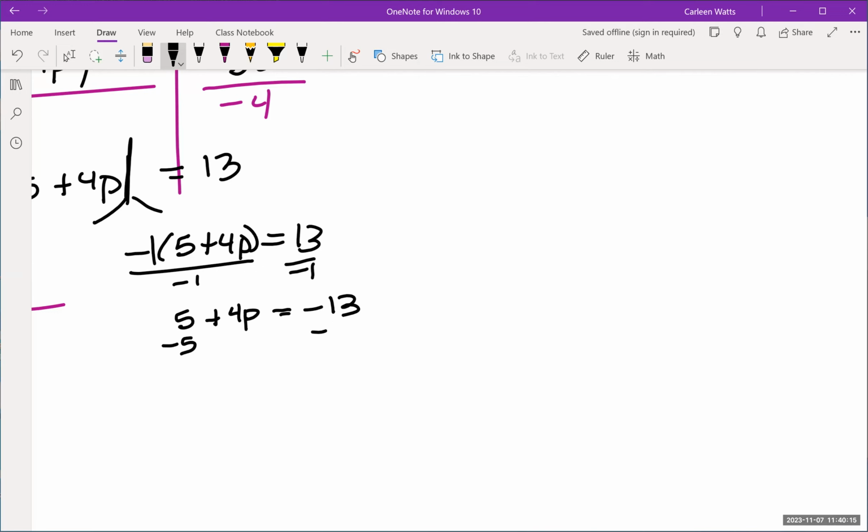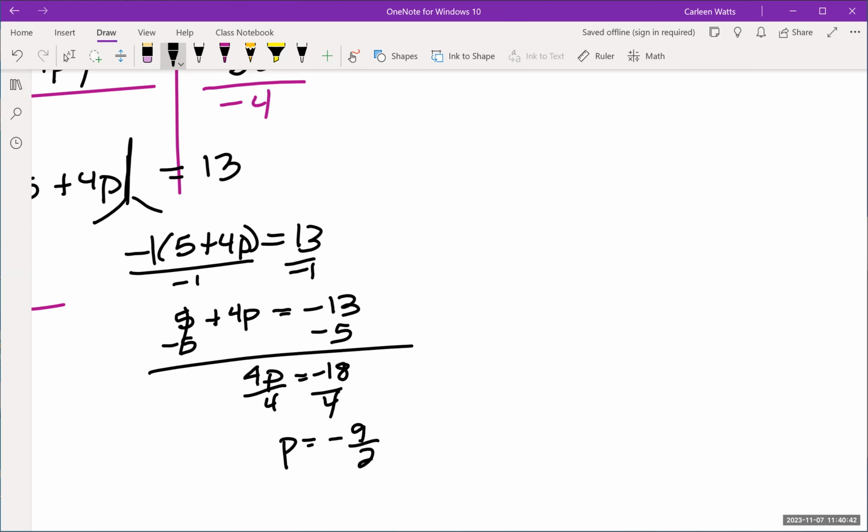Minus 5. 4p is equal to -18. Divide by 4. P is equal to. Now I'm going to use my calculator to reduce 18 over 4. I got a mixed number, so I'll convert it. -9/2.